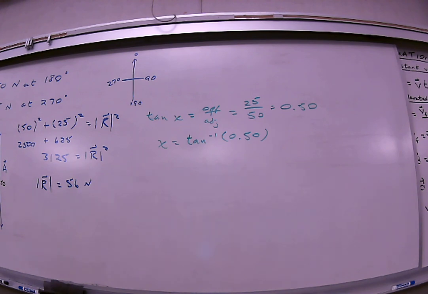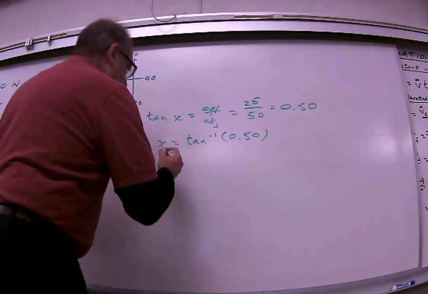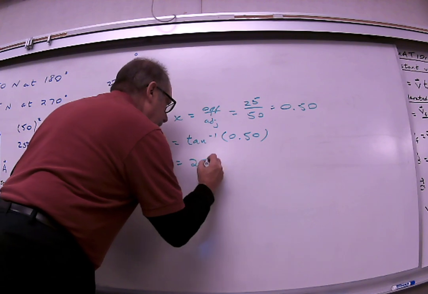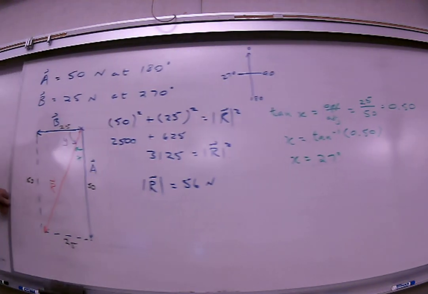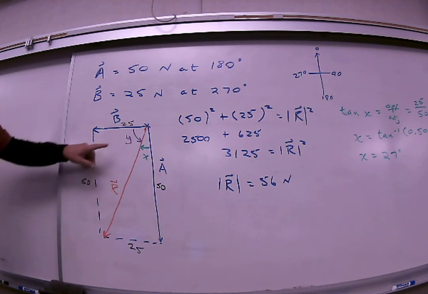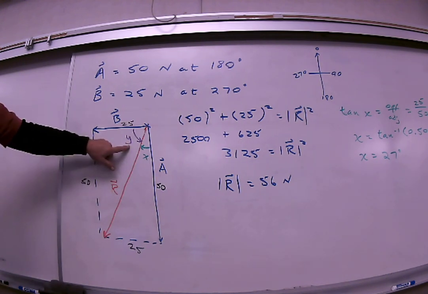Ronan says 27. Do we agree? 27, thank you. So x is going to be equal to 27 degrees. Now, let's go back and figure out angle y.